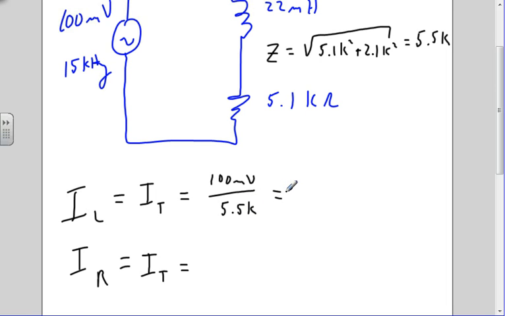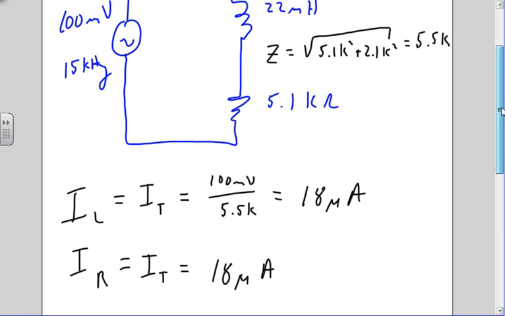That's not going to be very much: 18 microamps. Now it has some associated angle with it, but we can ignore it for right now probably.